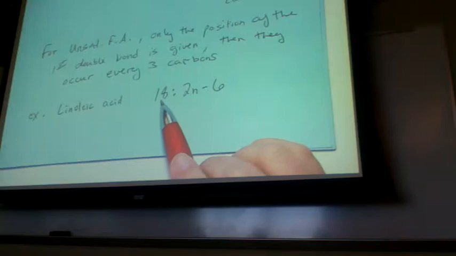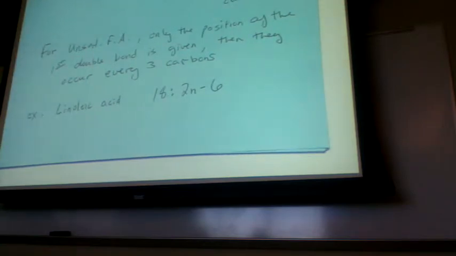So, how many carbons? 18. How many double bonds? 2. Position of the first one is at 12. Hang on a moment. Because it's not, no, 18 minus 6.